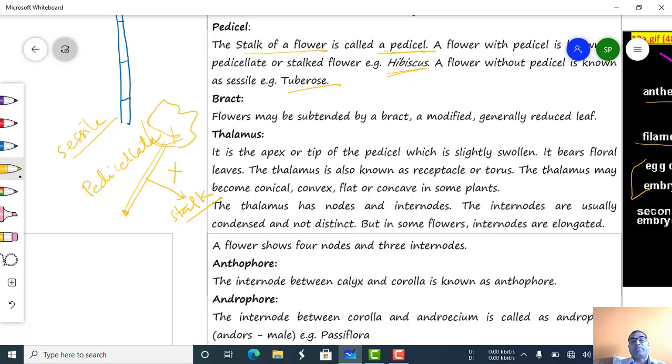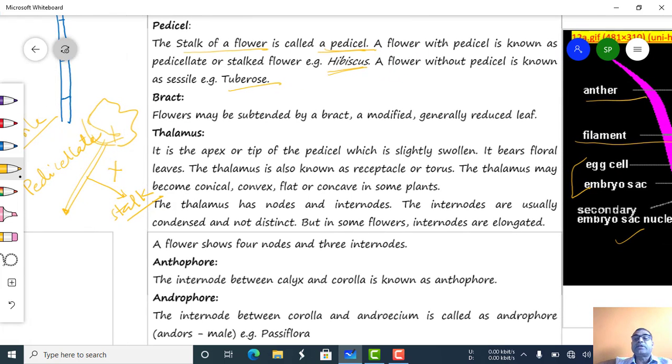So the first part is the pedicel. Then the next one is the bract. We have already seen the bract. A flower may be subtended by a bract, a modified, generally reduced leaf. Suppose this is a flower and this is the axis of the inflorescence or peduncle. At this place a leafy or somewhat scaly reduced appendage is present, and this appendage is called a bract.